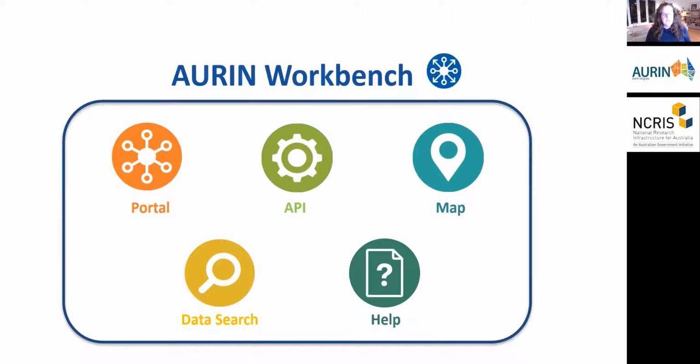And we also have a robust help desk that's available for tutorials and user guides on how to use data and the tools that we make available. And also we have an AURIN help desk where you can email and get help with the research and the data that you're trying to use, troubleshooting.